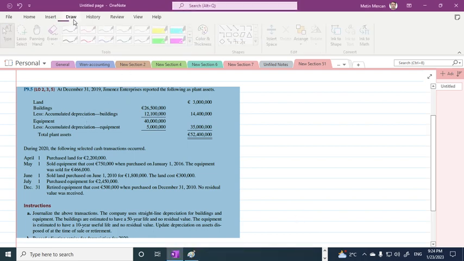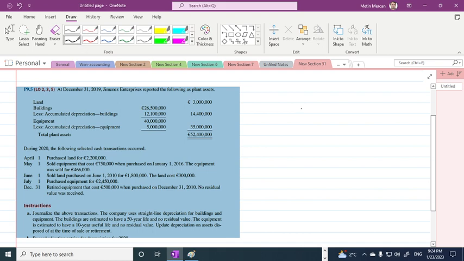And this is also from the chapter on plant assets and some transactions. So, December 31, 2019, the company reported the following plant assets: buildings, land, building net worth, equipment, and the net worth.